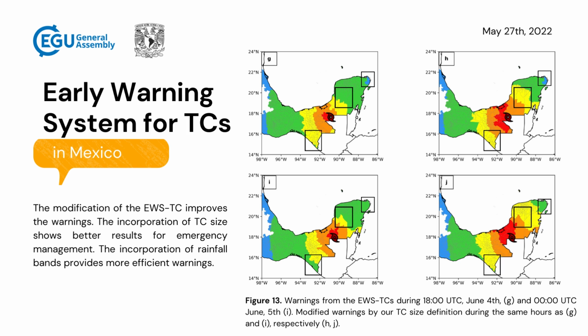Nonetheless, in the following days, the system was downgraded to a tropical depression, which implied a loss of its danger scale value in the early warning system. These were critical hours since it was stationary due to the low translation speed, which causes the precipitation amount to increase.